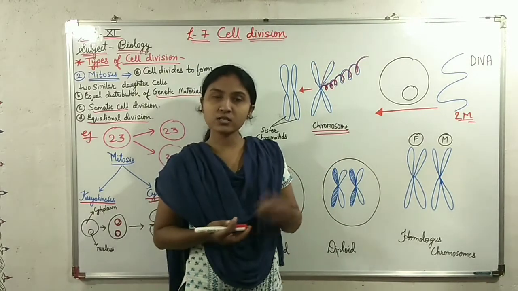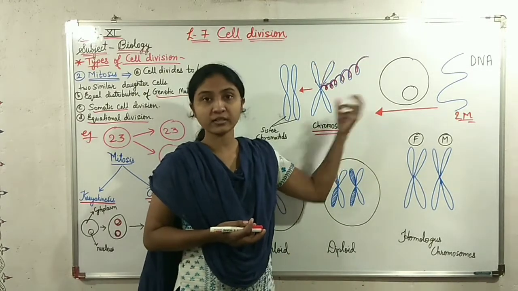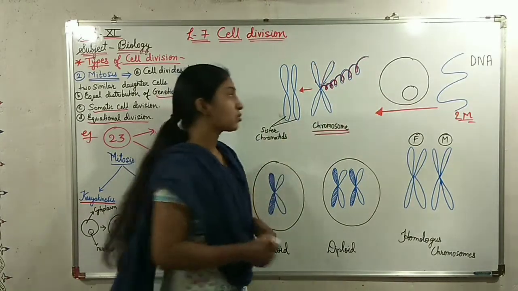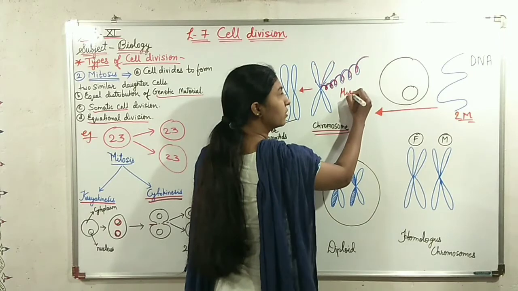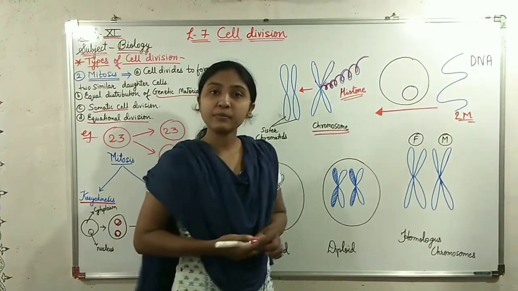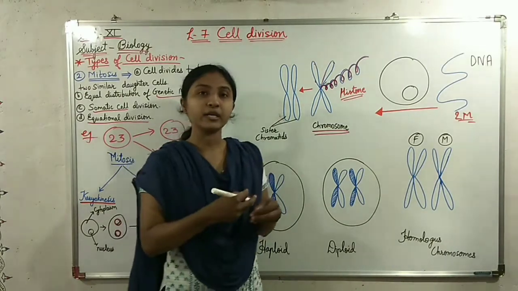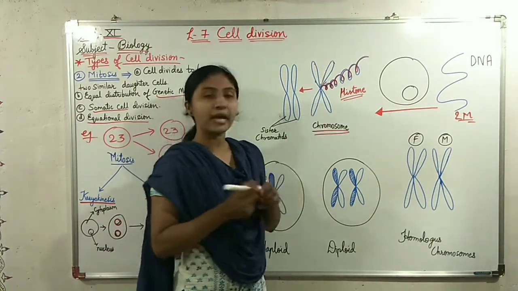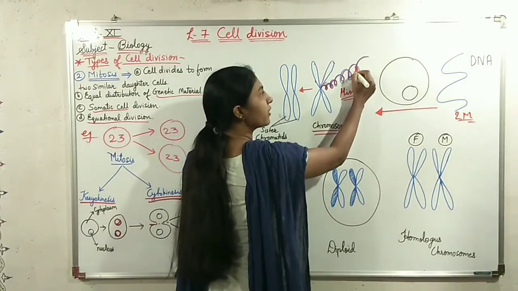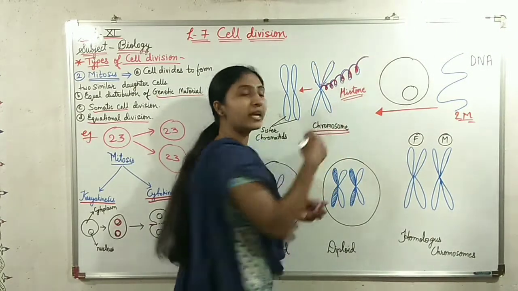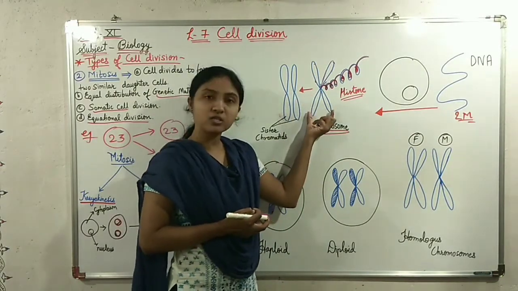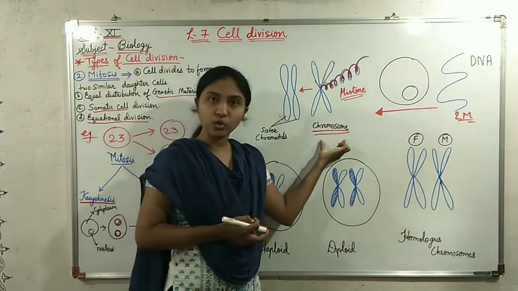Now, how does this DNA get coiled together? There is a protein present inside the cell called histone. This protein helps the DNA to get coiled. The histone protein holds the DNA, coiling it around itself, and together they form the small structure called a chromosome.